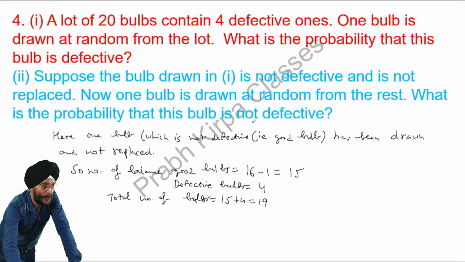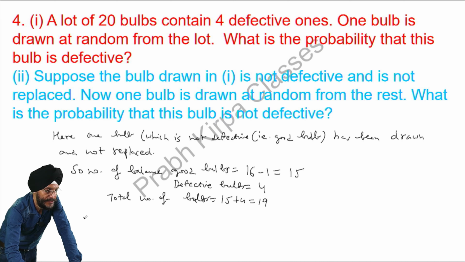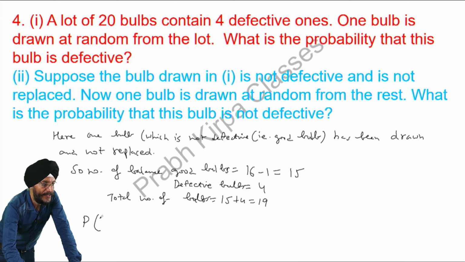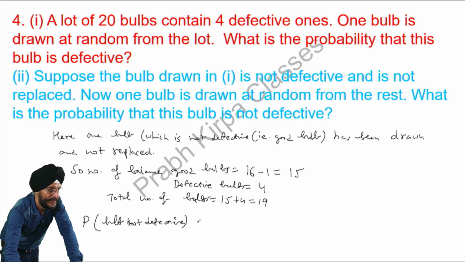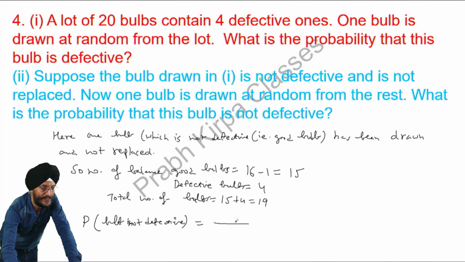So what is the probability that the bulb is not defective? That is, here we will calculate the probability that the bulb is not defective. It means here we will have to mention the number of bulbs which are in good condition.